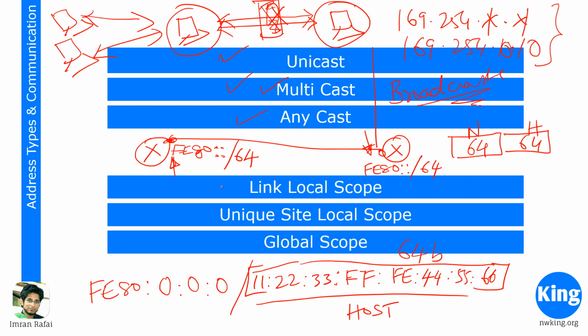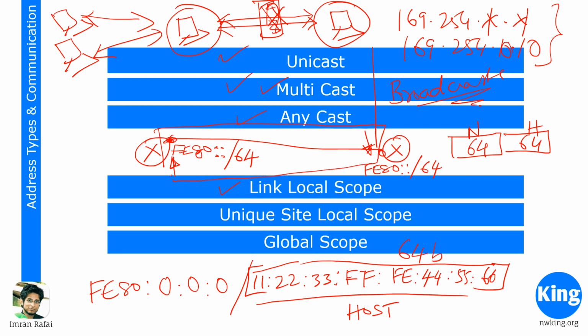In between it just puts FF FE, and you have a number which is unique to this device. Very cool, isn't it? So this is how it creates its own link local IP address, and the link local IP address is used only for communication within this segment.